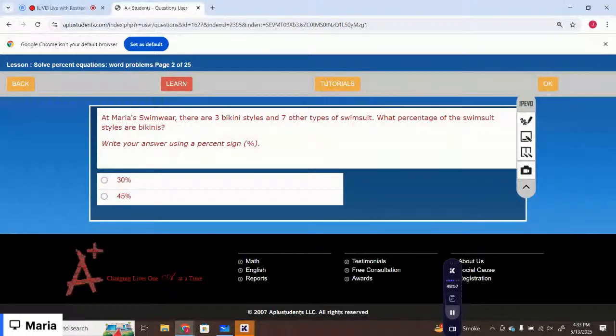At Maria's swimwear, there are 3 bikini style and 7 other types of swimsuit. What percentage of the swimsuit styles are bikini? You are given the whole and the part.